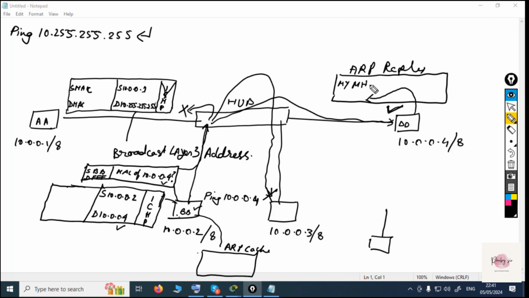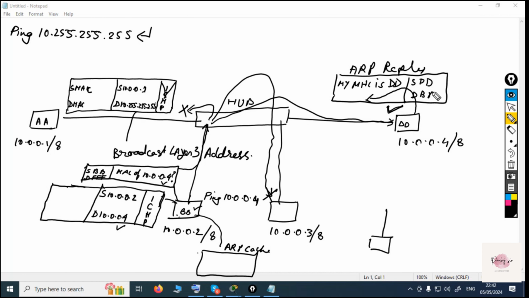My MAC is DD, so the source MAC would be DD and the destination MAC would be AA. Who is asking for the MAC address? Oh, sorry, BB.